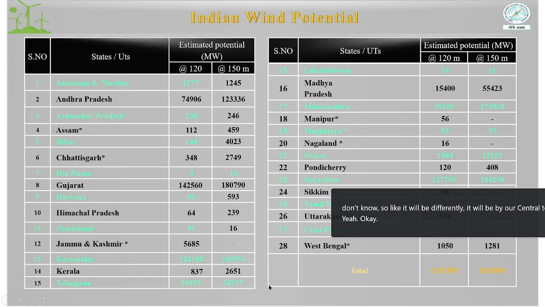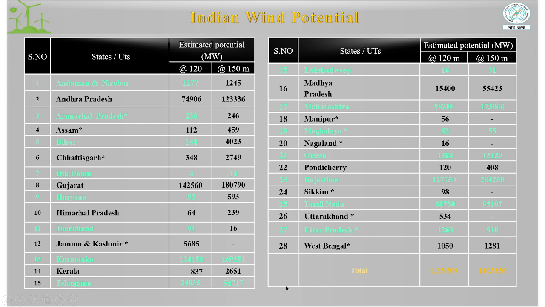Based on the NIWE, National Institute of Wind Energy, estimate, if the data is already available with NIWE, for every site you can buy the data completely, one year or two years of measurement, whatever they have. Based on that data, they have estimated the wind power potential available at 120-meter in different states of India.